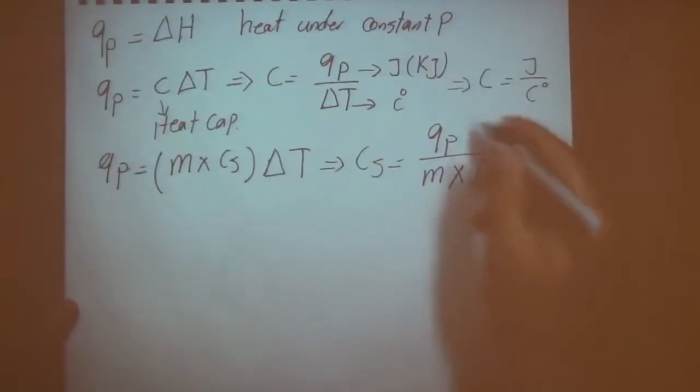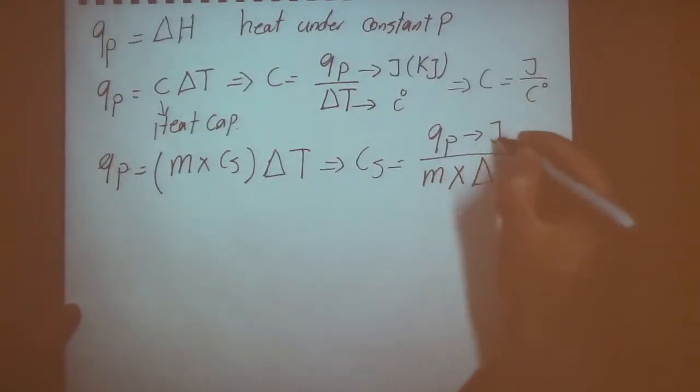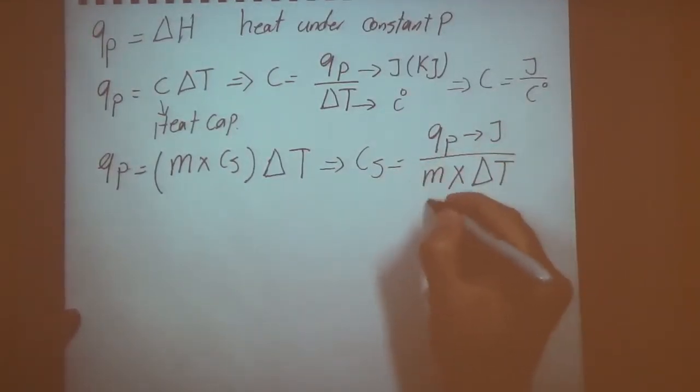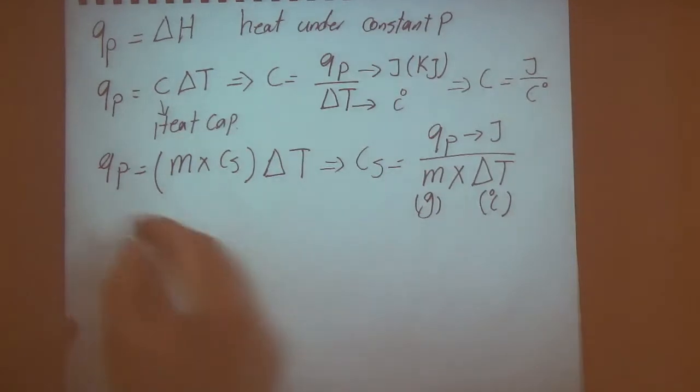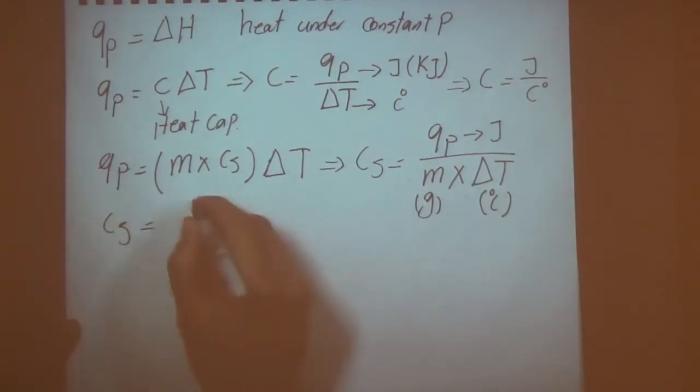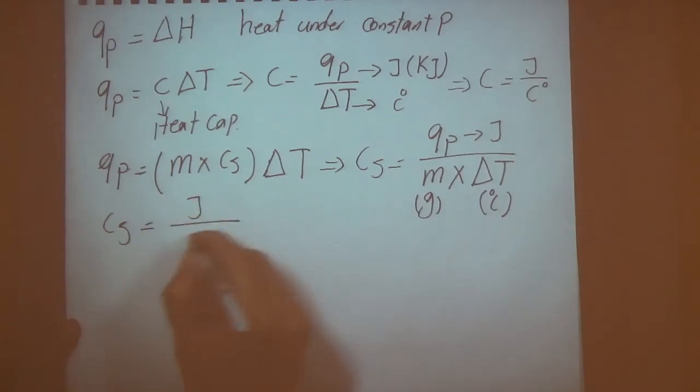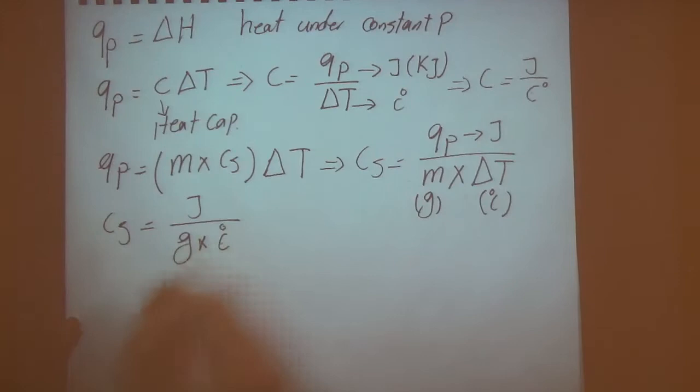For this one, we go with, again, joule or kilojoule. Here we go with gram. And this one, let's say we go with degree Celsius. Then the unit for CS will be joule over gram multiplied by degree Celsius.